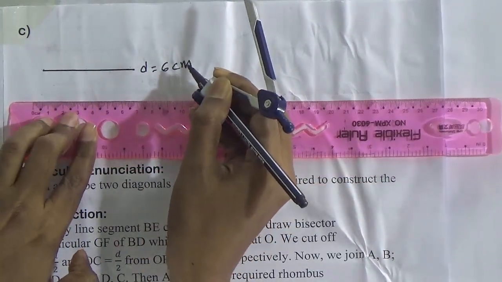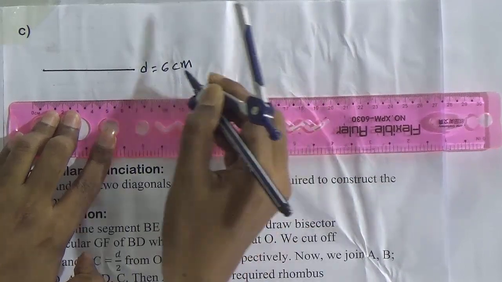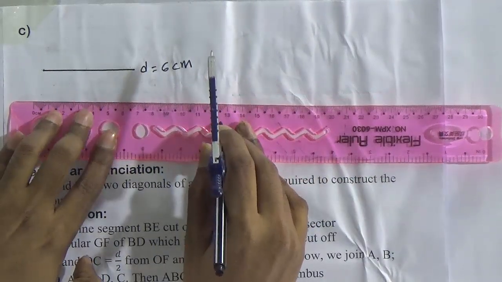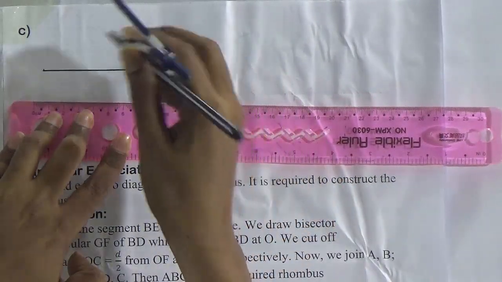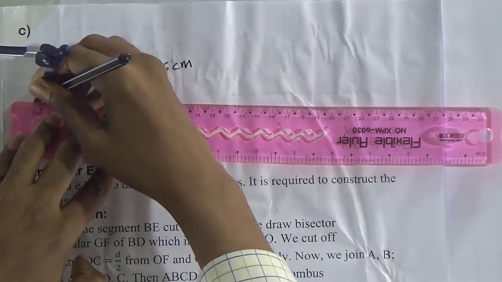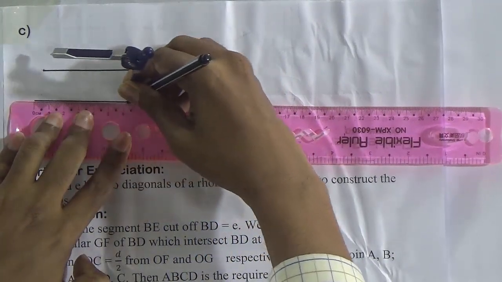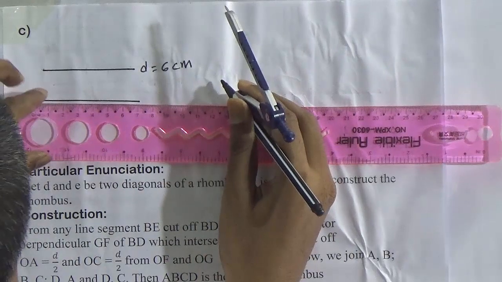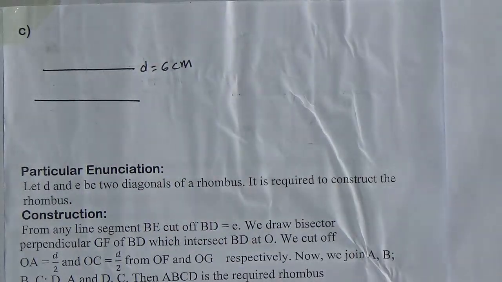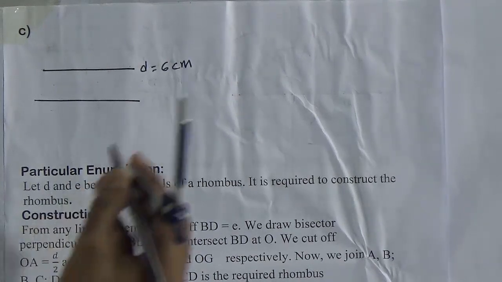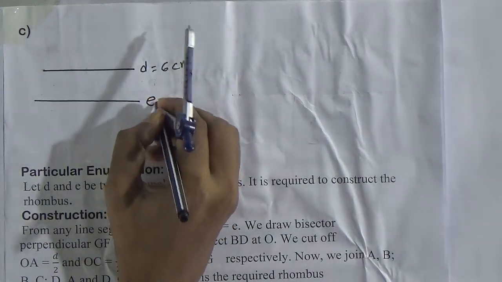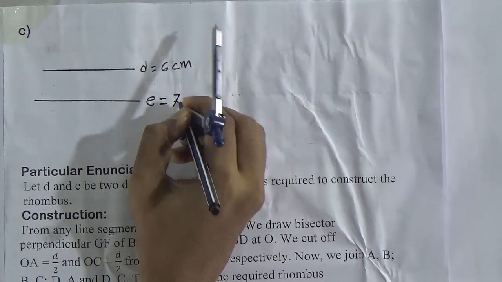Now take another diagonal which is equal to seven centimeter. This is e equal to 7 centimeter.